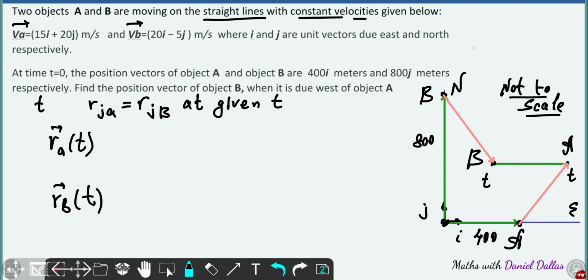Generally, I hope you remember, because we're given straight line motion with constant velocity, it's simply a linear dependency. So we can say it's the initial vector plus velocity times time.